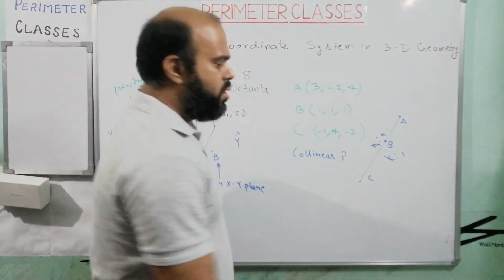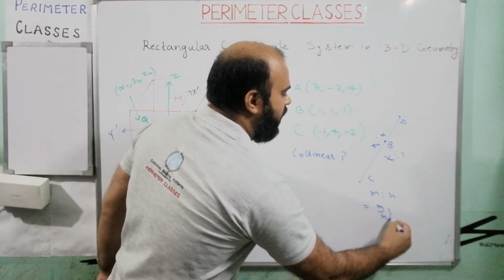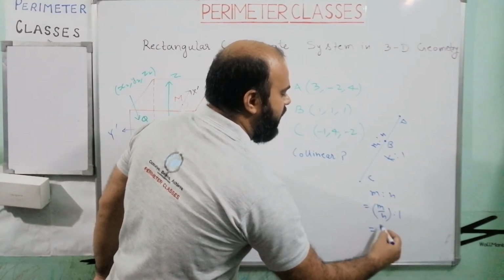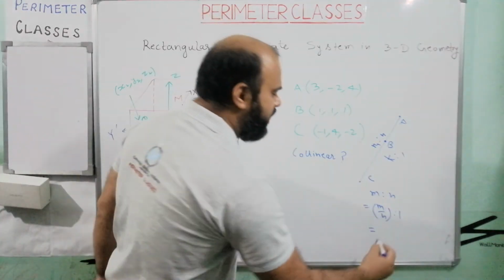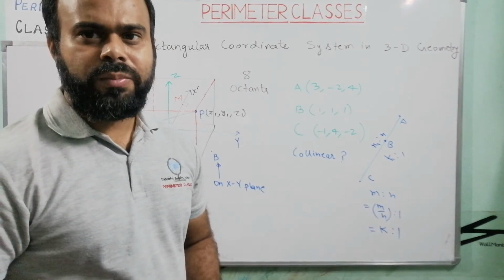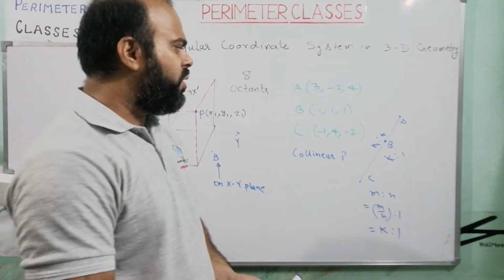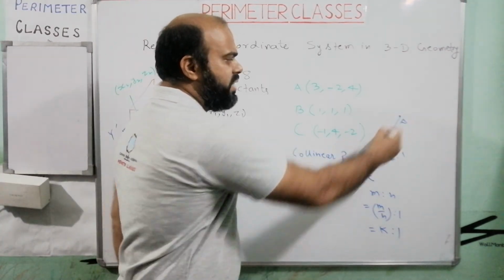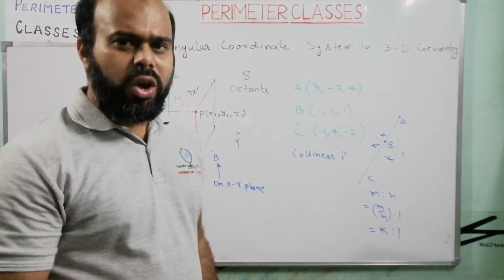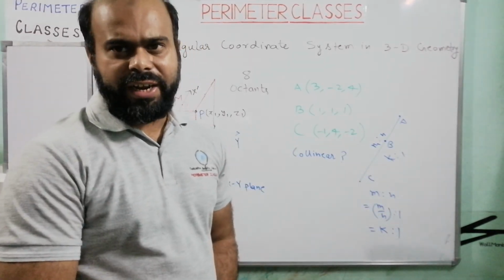Why is it so? Because m:n can be written as m upon n:1, and m upon n is some constant k:1. So we can assume k:1. K may be in fraction. So if B is dividing AC, whether internally or externally, accordingly we get k as positive or negative.